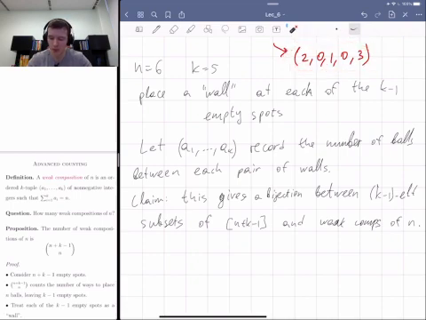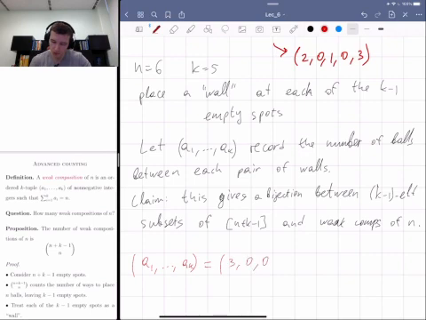You place 2 balls and then a wall, and then 0 balls and then a wall. Let's try another example: A1 up to AK given by 3, 0, 0, 5, 1, 2, 0.